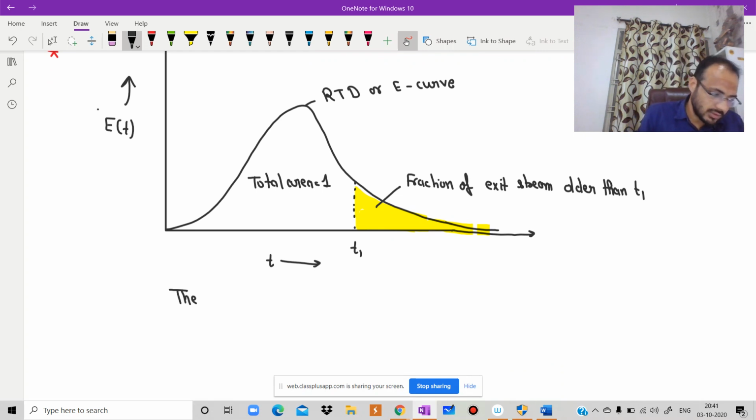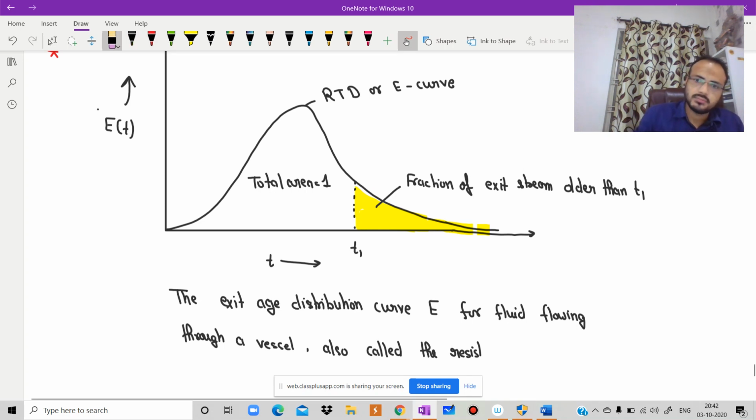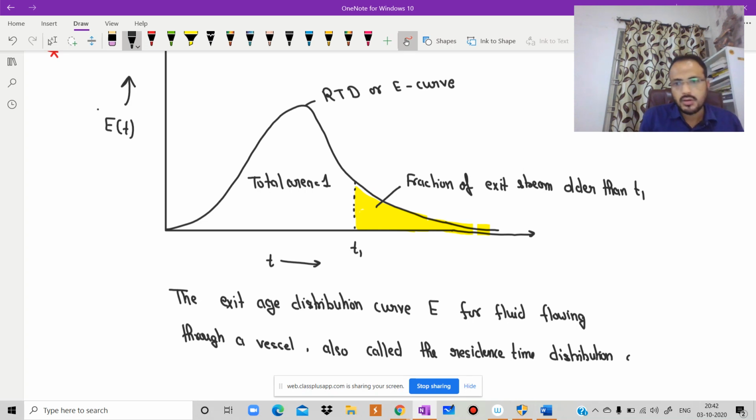This diagram was the exit age distribution curve E for fluid flowing through a vessel, also called the residence time distribution, or we can say RTD.